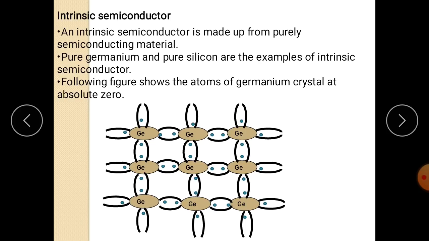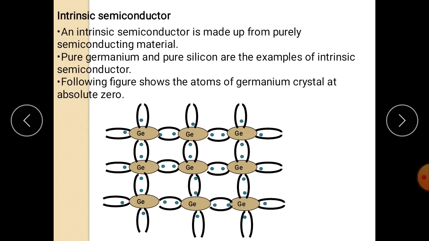Naturally occurring semiconducting materials which are free from impurities are called intrinsic semiconductors. Pure germanium and pure silicon are examples of intrinsic semiconductors.